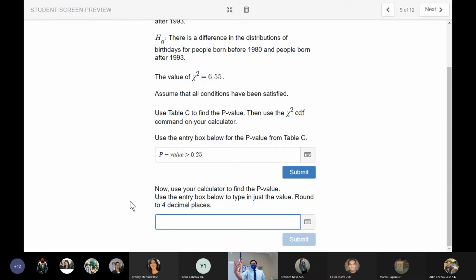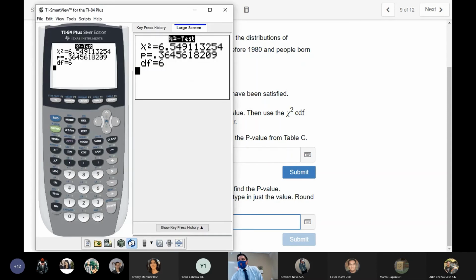And then we saw a p-value previously on our calculator. We can use the chi-square CDF function as well to get a slightly different value. So I'll show you that. This is what we got using the chi-square test: the chi-square statistic, p-value and degrees of freedom 6.